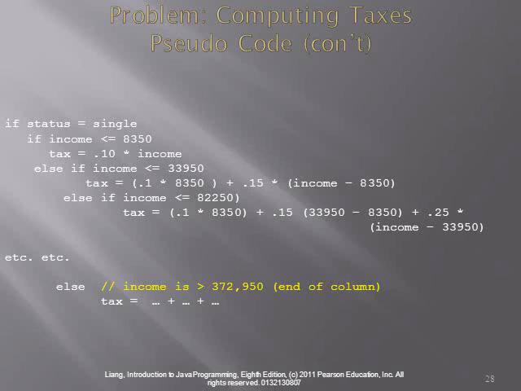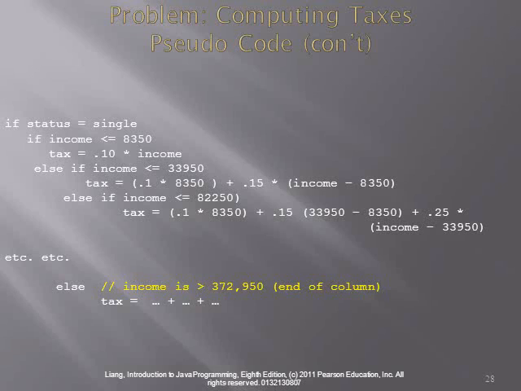So once we've developed and tested that our program is going to the right areas based on status, we then could develop the pseudocode for computing the taxes simply for the single status. And you can see there is a small amount of the single pseudocode there, right?